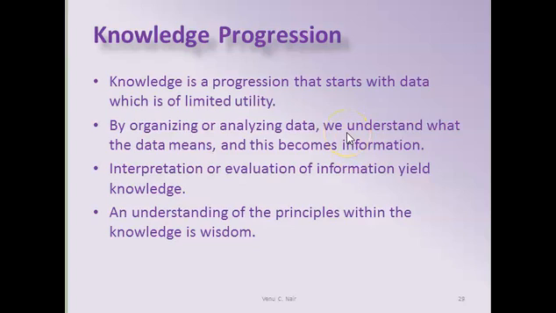Whenever we assign some meaning to the data by any kind of processes or analysis or organizing the data, we get the information. Then by interpreting or evaluating the information, which takes us to the knowledge. So whenever the information is evaluated or interpreted, we get knowledge.